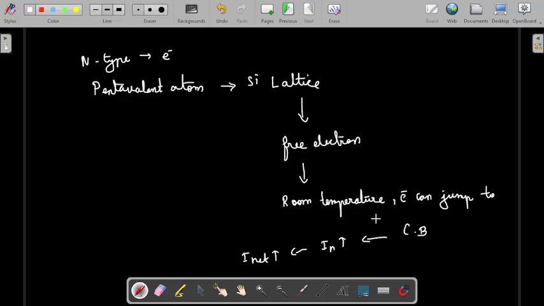At 300 Kelvin, all these impurity atoms become ionized. In an n-type semiconductor, electrons are majority charge carriers and holes are minority charge carriers. So n will be greater than p, because the free electrons are available. The fifth electron in the pentavalent atom will be the free electron.